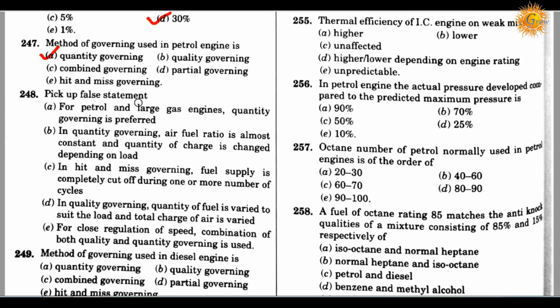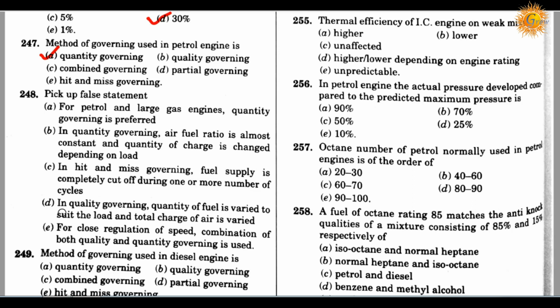Question number 248. Pick up the false statement. Option A. For petrol and large gas engines, quantity governing is preferred. Option B. In quantity governing, air-fuel ratio is almost constant and quantity of charge is changed depending on load. Option C. In hit and miss governing, fuel supply is completely cut off during one or more number of cycles.